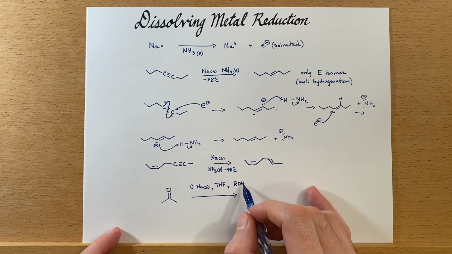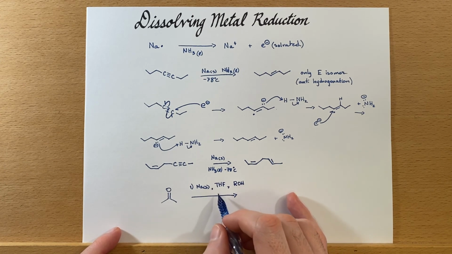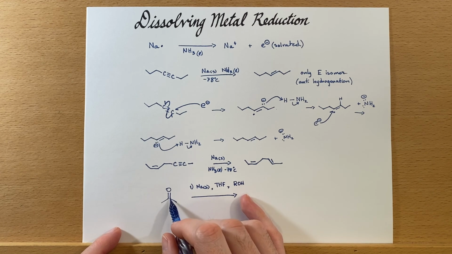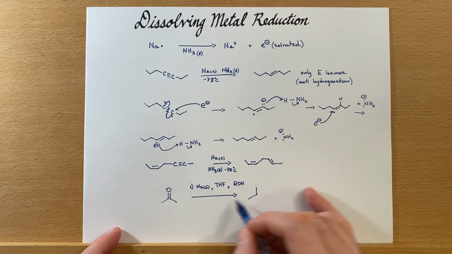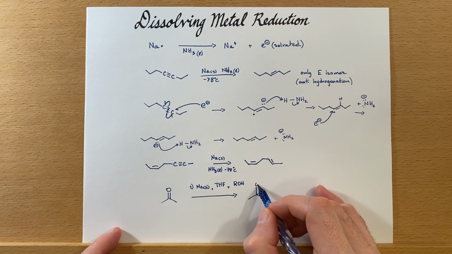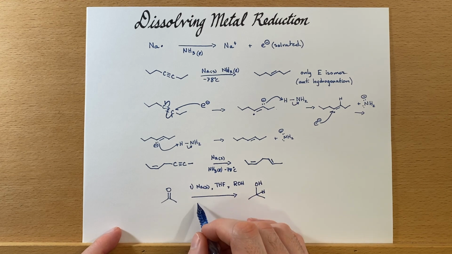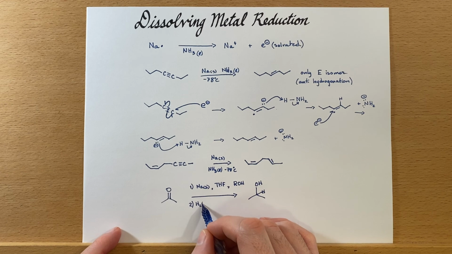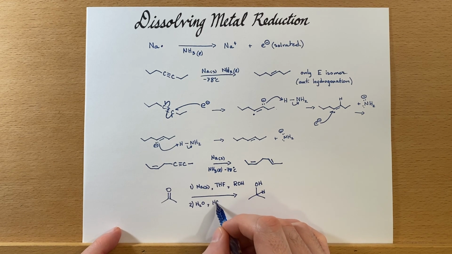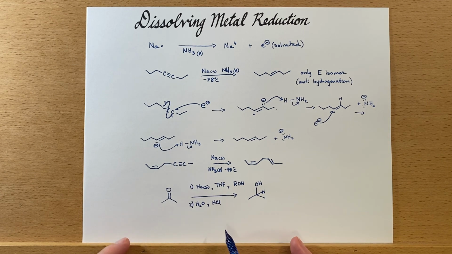So we just want a little bit, and that's just so that we have proton sources during this process. We're going to need a proton source to supply the proton for the carbon right there. The proton that is going to go on the oxygen is going to be put on by the acid workup step, which is this. So another example of a dissolving metal reduction.